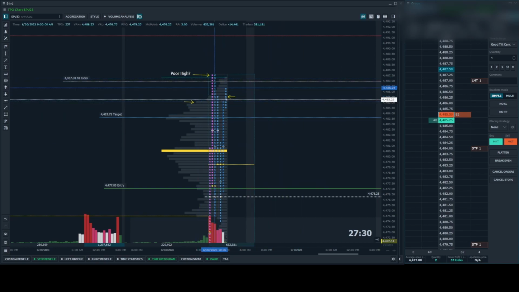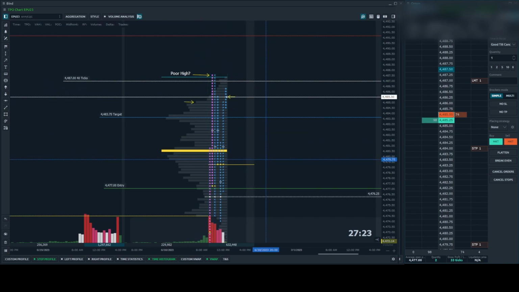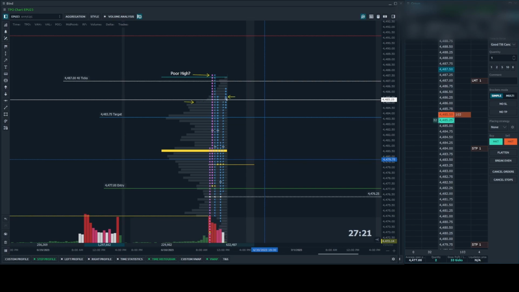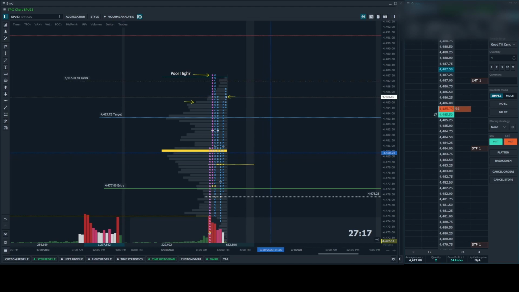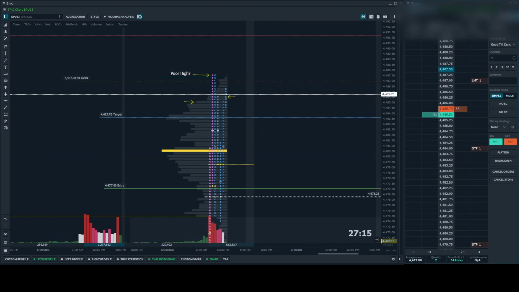You can see how this volume fades off here. I just really feel like it's going to break that poor high.